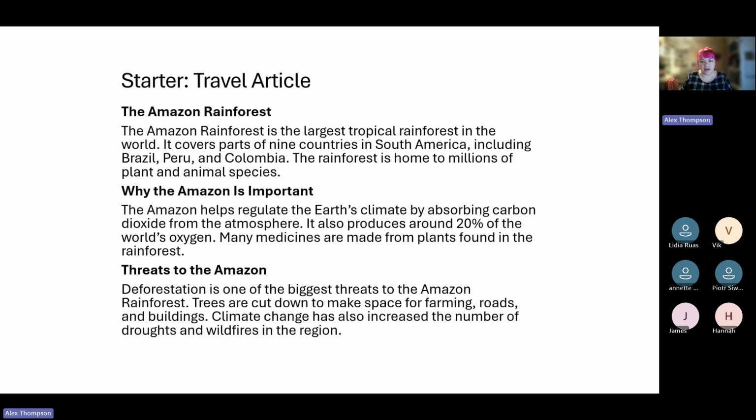Okay, so I think deforestation is definitely going to be one of them because it is mentioned in the paragraph that is all about threats to the Amazon. And after that, it also mentions climate change because that's increased the number of droughts and wildfires in the region. So for number 1, I would say deforestation. And for number 2, I would say climate change.